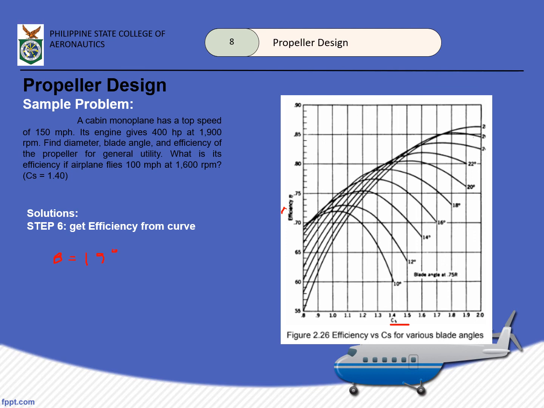And our CS is yung kanina natin na solve for this particular scenario, which is 1.08. So we would be having our efficiency for that to be at around 0.75.